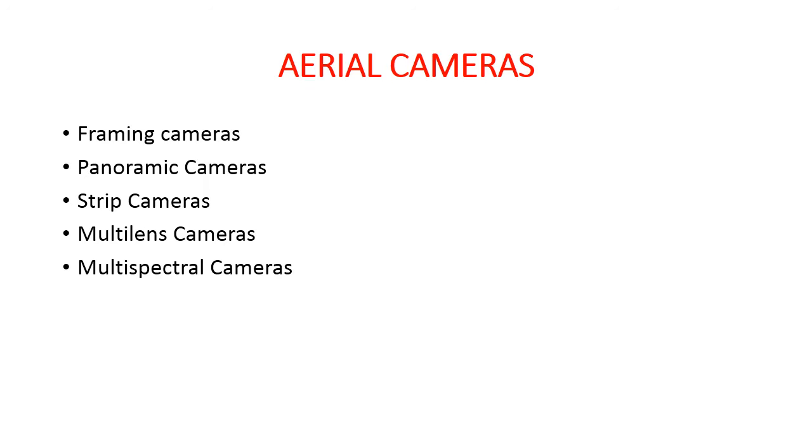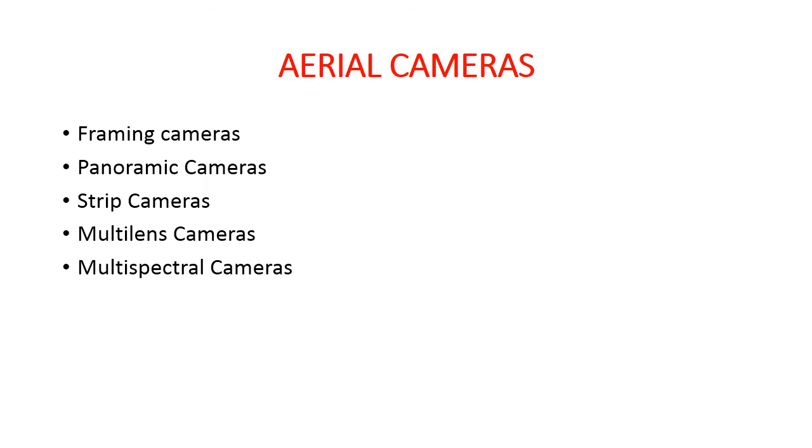Multi-lens cameras. More than one lens is used. There are cameras with 4 lenses, and also 4 to 9 lenses that operate simultaneously. The lenses are used to get a picture of a particular colored object.